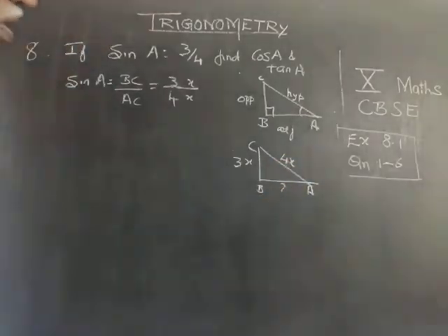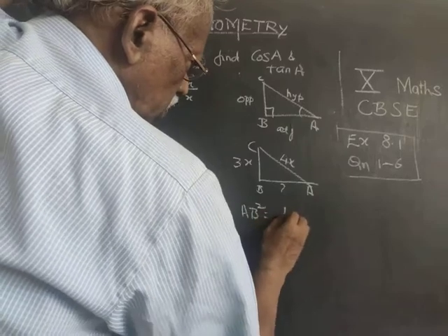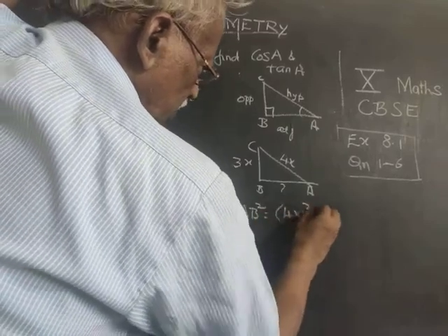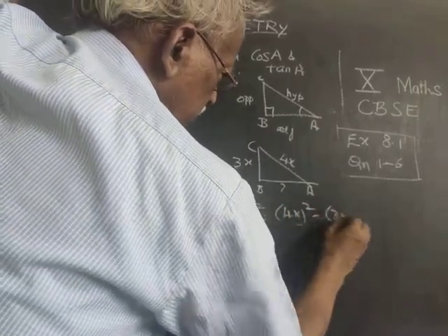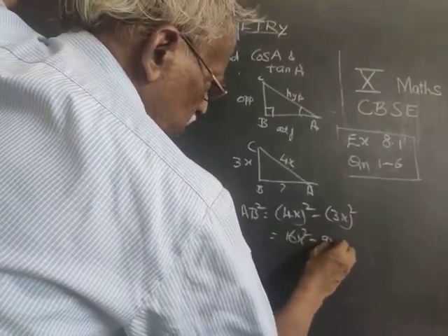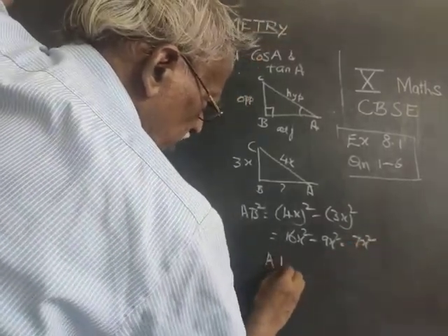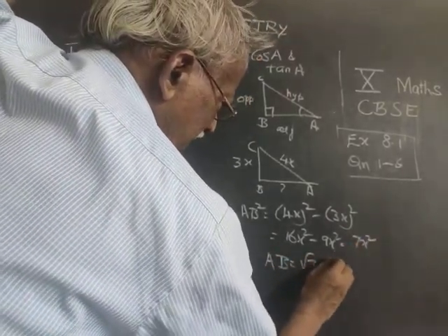We have to find out this. Therefore, what is AB square then? 4x the whole square minus 3x the whole square, that is 16x square minus 9x square, that is 7x square. Then what is AB? AB equal to root 7 times x.